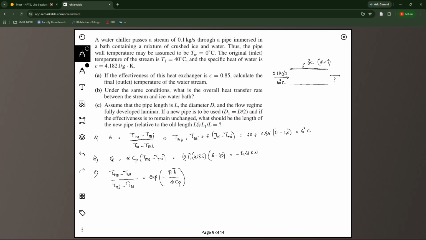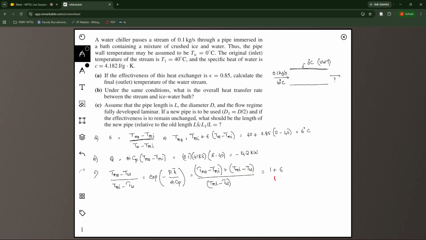So now, if the effectiveness is constant, then this particular term I can rewrite as 1 plus epsilon.